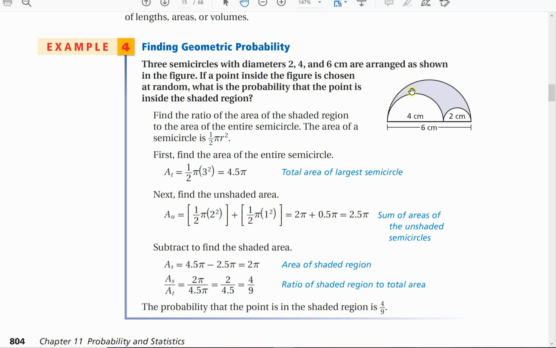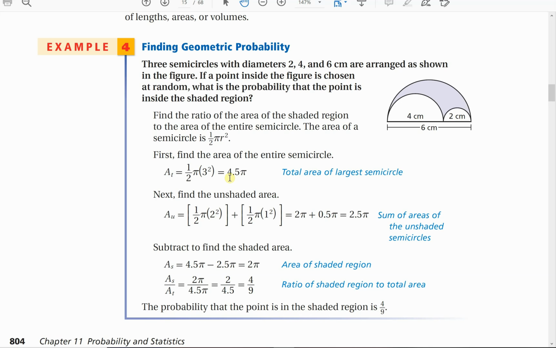All right, so we have to figure out what the areas are. And in order to figure out geometric probability, it's usually the area of what we want divided by the total area. So the area of the whole semicircle, radius is 6, so the area is pi r squared, right? It's going to be half that since it's a semicircle.